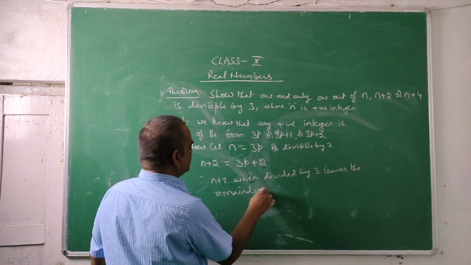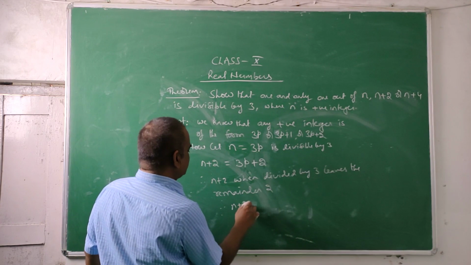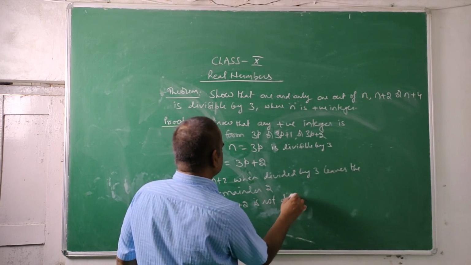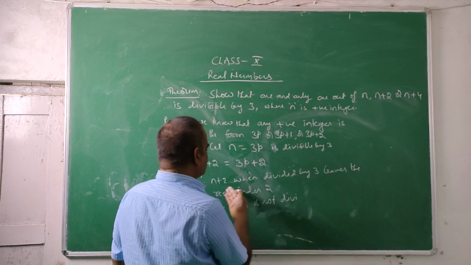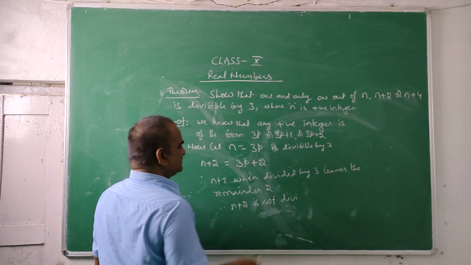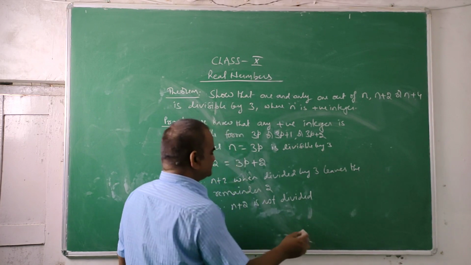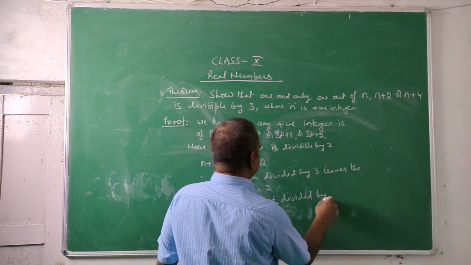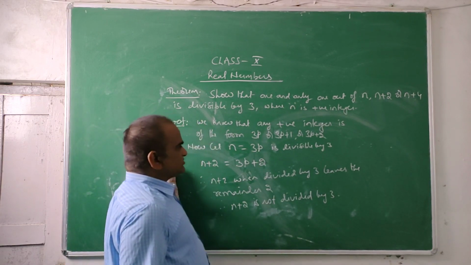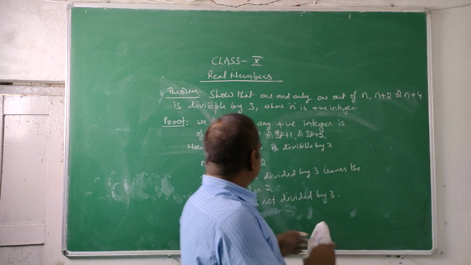It means that n plus 2 is not divisible by 3. It is understood: when n plus 2 is divided by 3, you are getting the remainder 2. So we have proved n plus 2 is not divisible by 3. Now let us see for n plus 4, right?